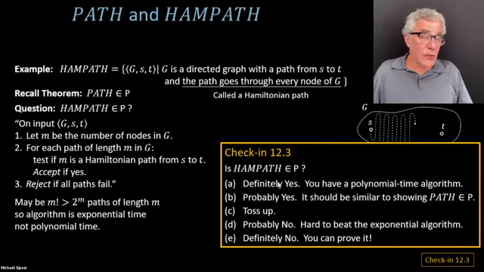But this is the answer to the question, just to make sure you understand, that it's an unsolved problem right now. So we don't know. Definitely yes and definitely no, at least according to the state of knowledge of which I'm aware, are not correct answers. But any of the others, well, who knows?